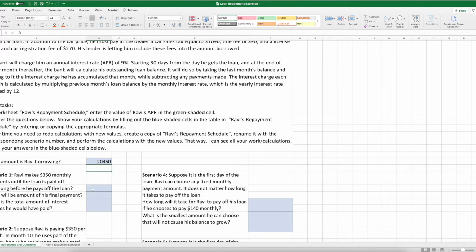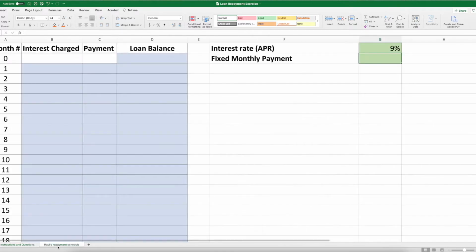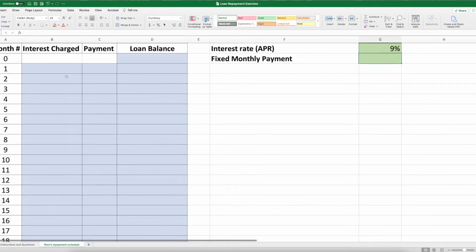So to calculate all these answers, we will go to the Ravi's repayment schedule worksheet and start filling out the blue shaded cells with formulas. Okay, so let's start with the first row.